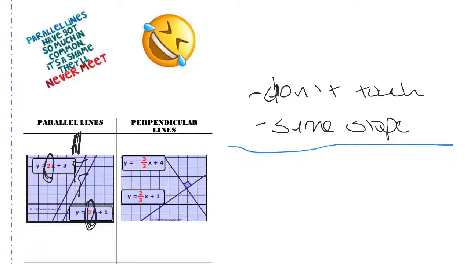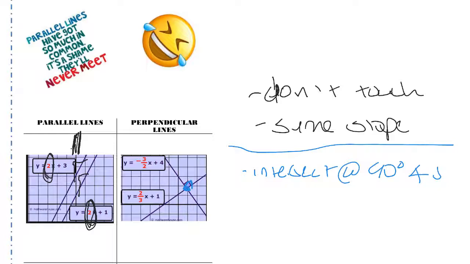The perpendicular lines, we notice they do cross, they intersect, and specifically they intersect and make a 90-degree angle. So we're going to say they intersect at 90-degree angles or right angles.